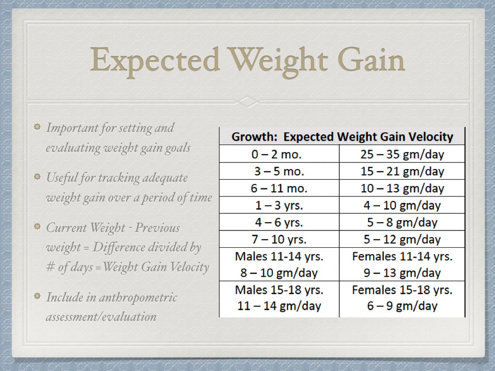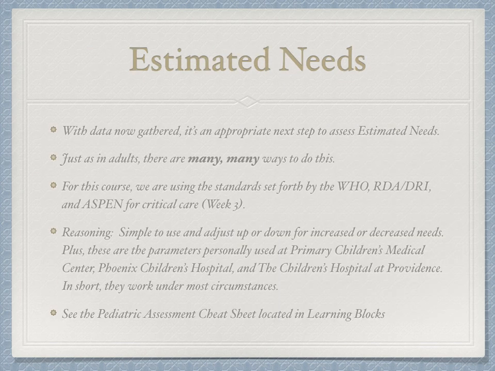For example, if I take a patient's weight today and minus his weight from last week, then divide that by 7 days, that will give me the weight gain velocity over the past week. This should most definitely be included in your anthropometric assessment and evaluation.